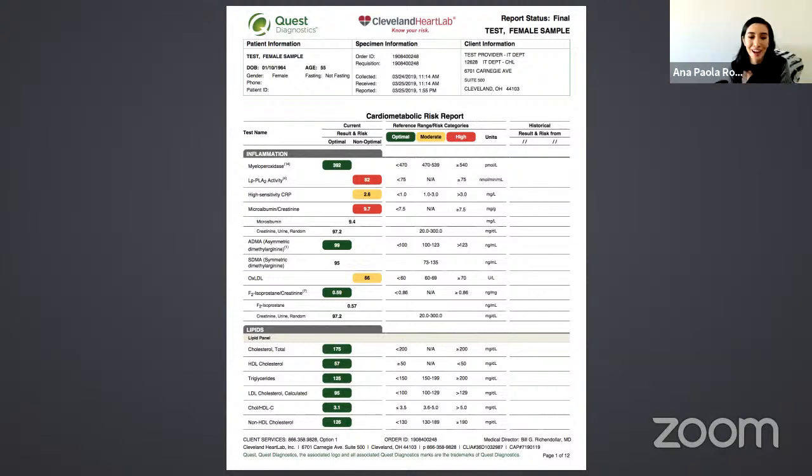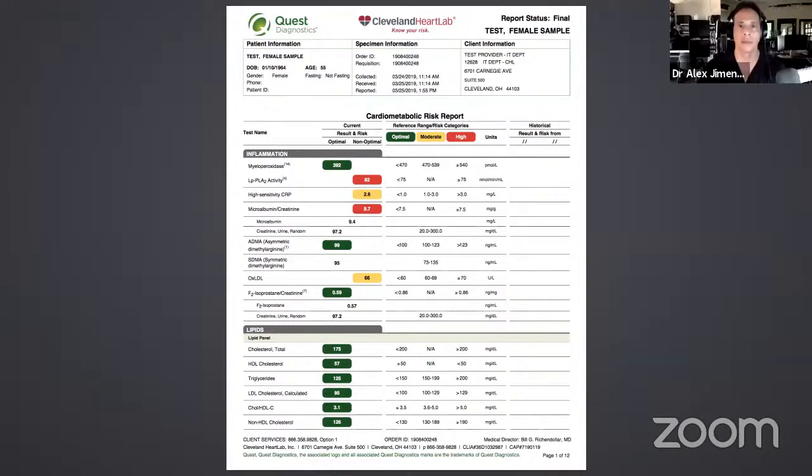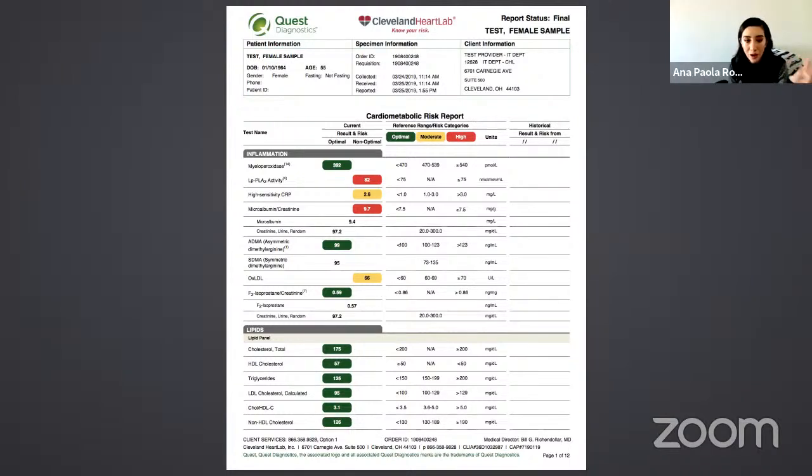Okay. Yes, I was going to mention that, because in this sample report, the lipid panel, which is the first thing that we see when we get a patient at risk of cardiac disease, you look at it and you think, oh my God, she's doing fine. And all of a sudden, when you go to the underlying factor of it all, you can see that the inflammation markers are the ones that are going to be affected.